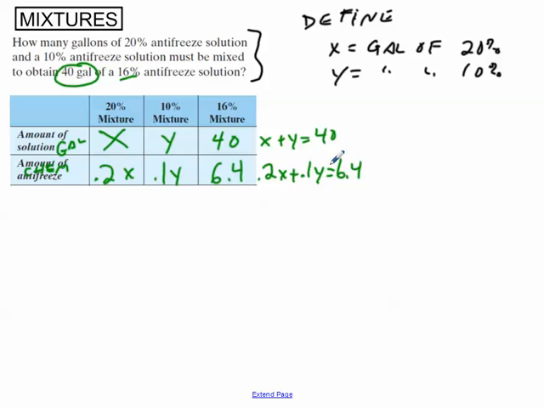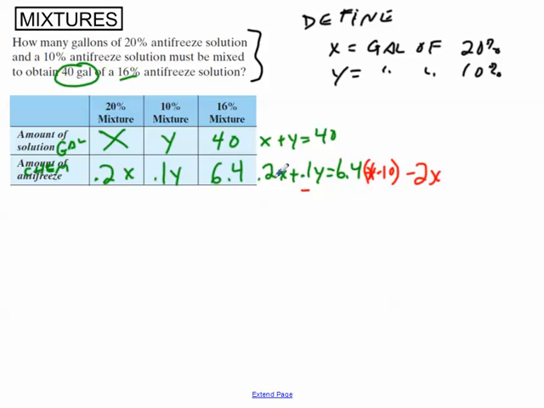I'm going to choose to multiply my lower equation by, let's see, if I multiply by 10, it'll give me 1. But if I multiply by negative 10, this coefficient becomes negative 1. So multiply all this by negative 10. 0.2 times negative 10 gives me negative 2x.